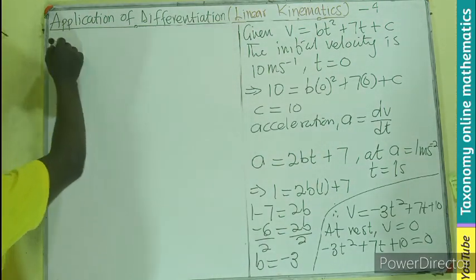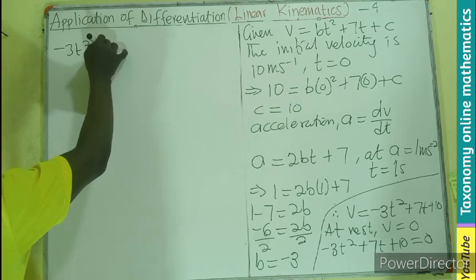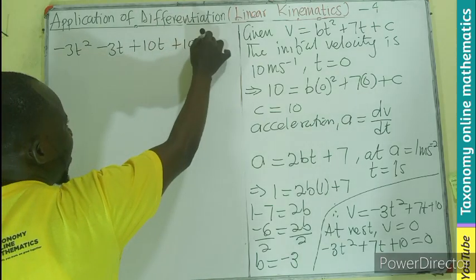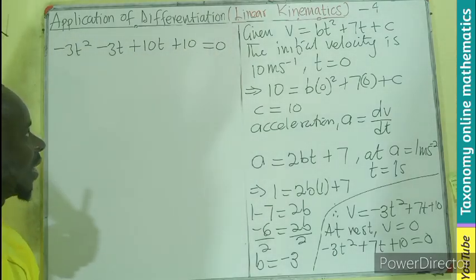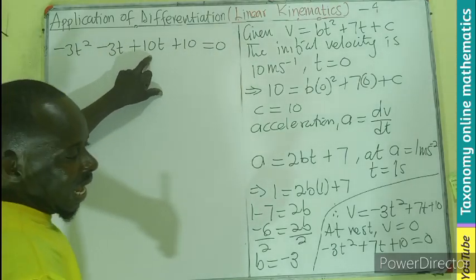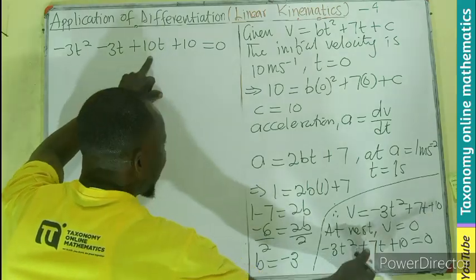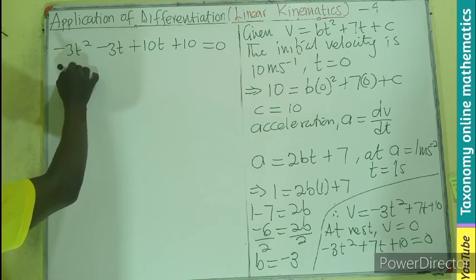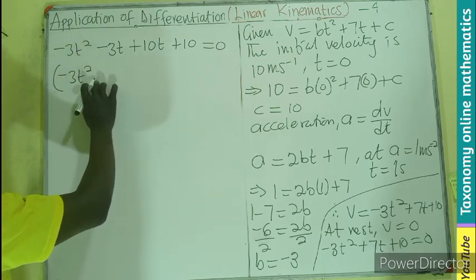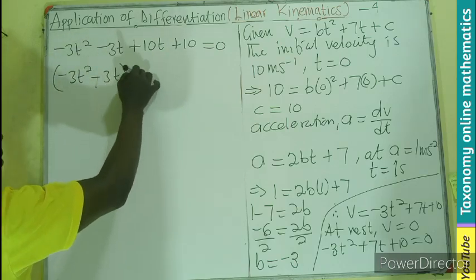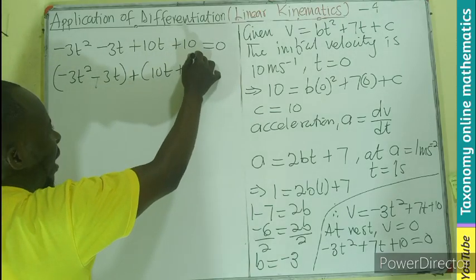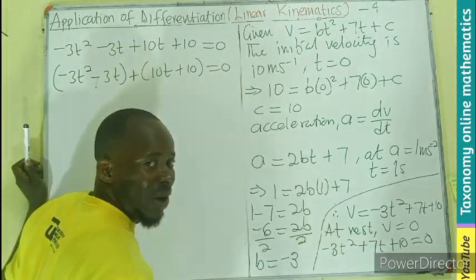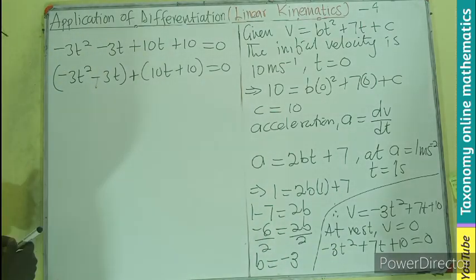So here, minus 3t squared becomes minus 3t squared plus 10t plus 10 equals 0. Remember the factors minus 3 and 10: their addition gives positive 7, and their product gives negative 30. You can as well use a calculator to get your answer directly, but we can still expand.